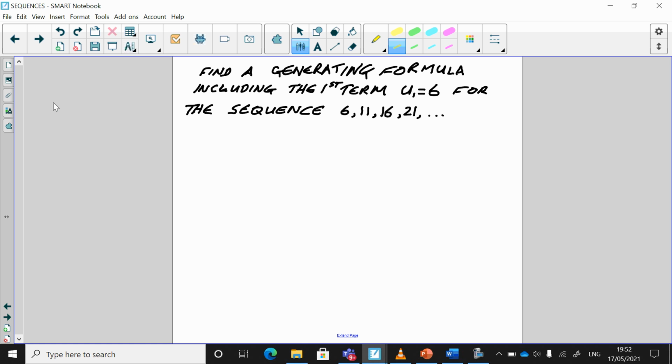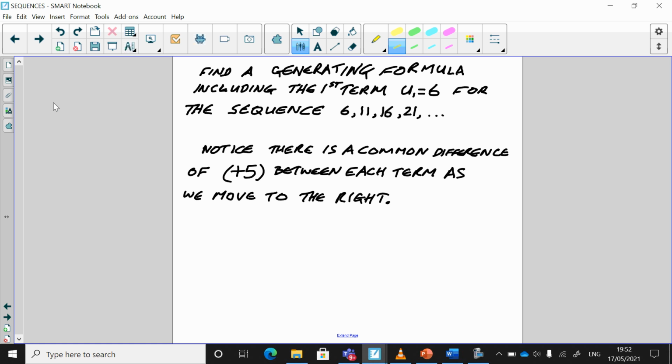So that's why the first term is very, very important. Hopefully you've noticed that going from 6 to 11, 11 to 16, 16 to 21, there was an increase of 5 there. So that's known as a common difference between one term and another. They are increasing, so it's positive 5 here.